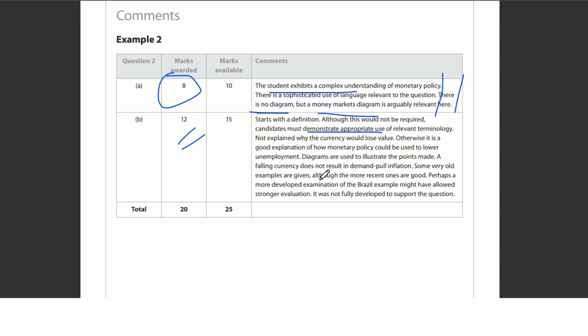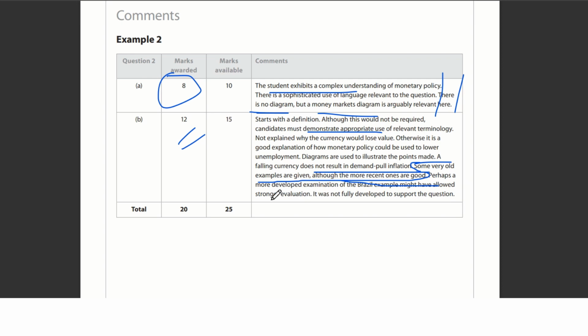Some very good examples are given, although the more recent ones are good. See, the examiner is expecting recent current affairs related examples, not old ones.